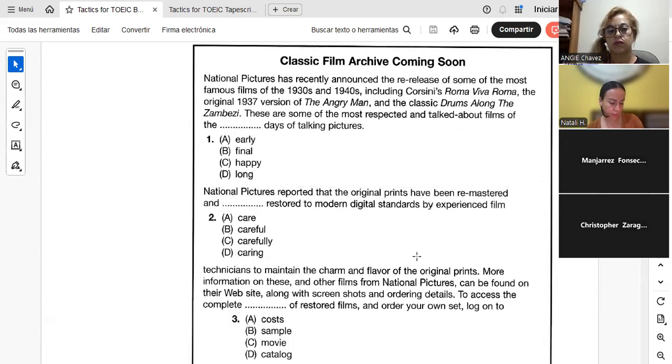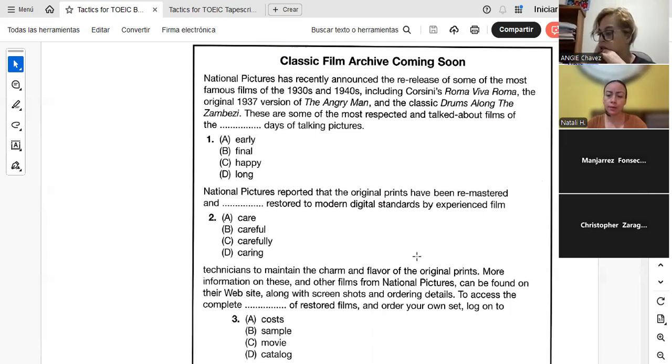Yes, teacher. Okay, excellent. Because in this case, remember that text completion has to do more with grammar, right? So you don't have to read the whole thing, but just the context between these blanks, right? So number 1, we have early. Early days.